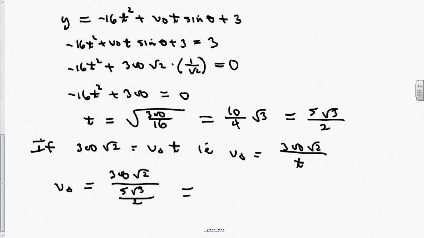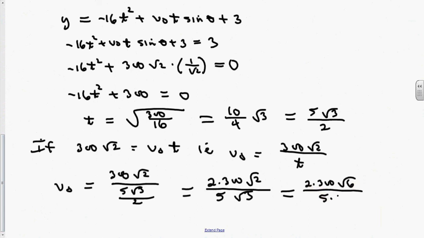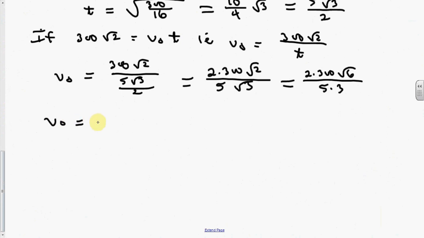So this is 2 times 300 times the square root of 2 over 5 times the square root of 3. And this is 2 times 300 times the square root of 6 all over 5 times 3. So the initial velocity looks like 40 times the square root of 6.